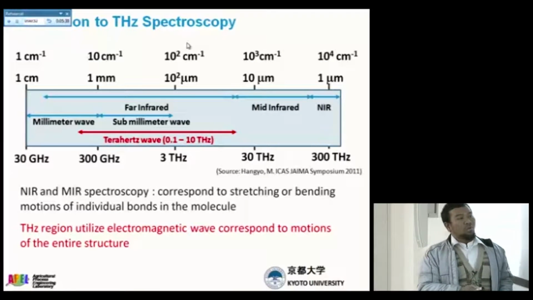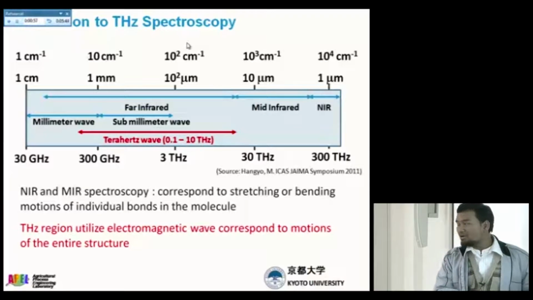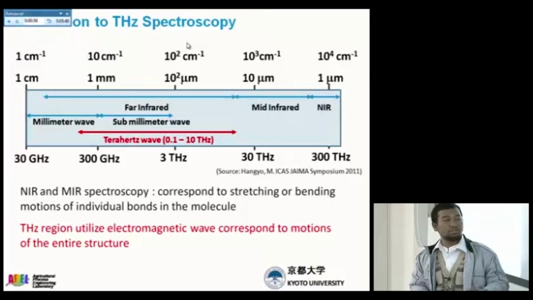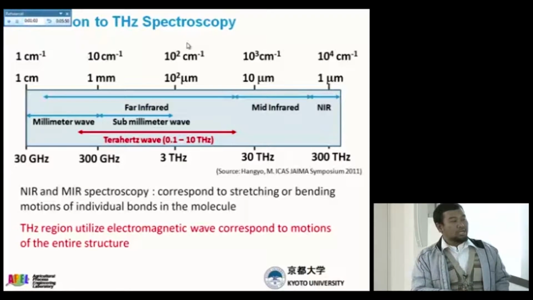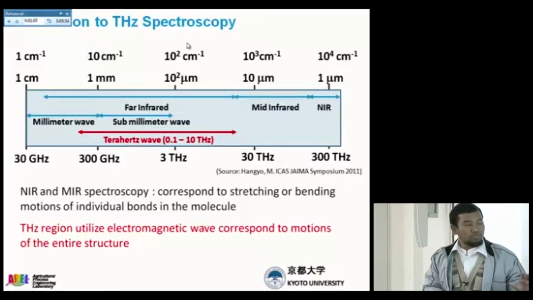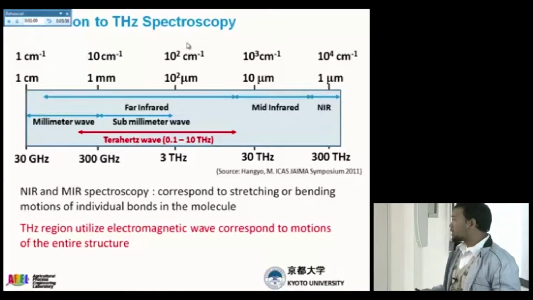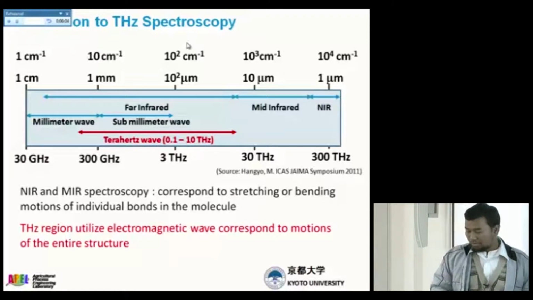While near and mid-infrared spectroscopy correspond to stretching or bending motion of individual bonds in the molecule, terahertz wave, differently, corresponds to motion of the entire structure. So we may obtain different information by using the terahertz region compared to near and mid-infrared spectroscopy.